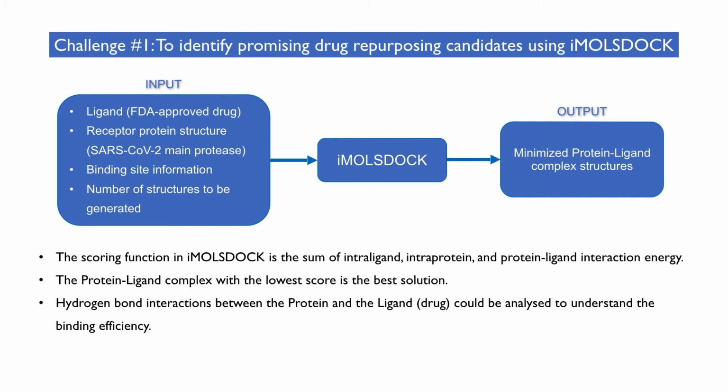The scoring function in IMOLS-DOC is the sum of intra-ligand, intra-protein, and protein ligand interaction energy. The protein ligand complex with the lowest score is considered as the best solution. And we can also analyze the binding of the ligand to the receptor protein by checking the hydrogen bond interactions between the protein and the ligand.